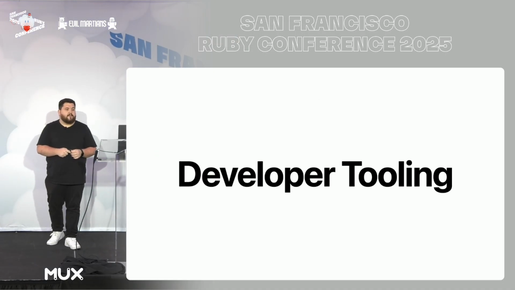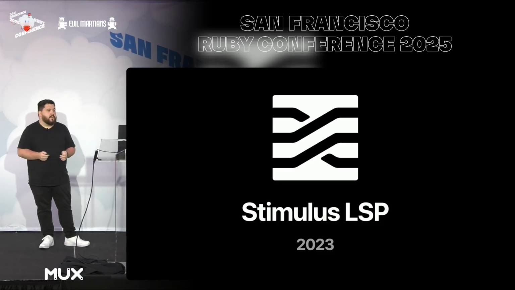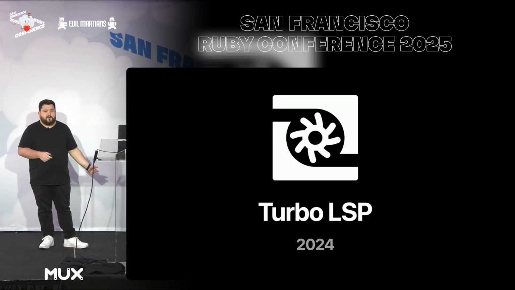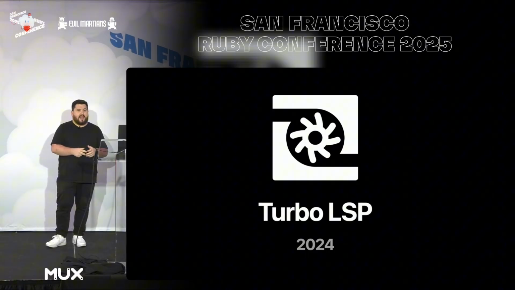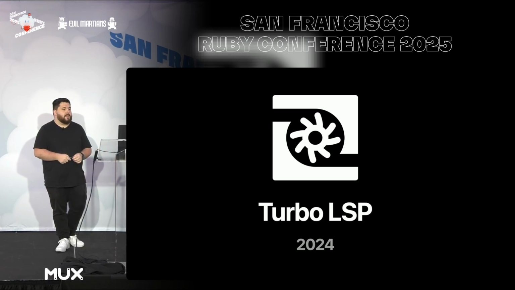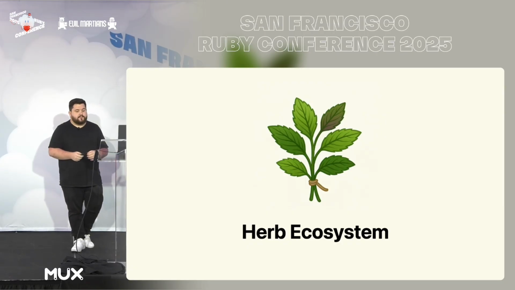I introduced the Stimulus LSP, a tool to help you write better Stimulus code, a few years ago. Then I followed this up with the Turbo LSP, which was not that helpful in that sense, because we were missing some tools for it to be actually useful. And that's where this whole journey to Herb began.